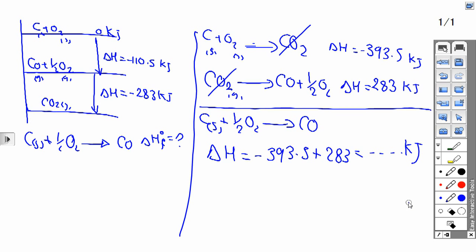Okay, this is how to use the diagram to solve this equation. So from the diagram, we can get steps to solve the equation, or we can get the delta H directly from the curve, if the equation exists in the diagram.